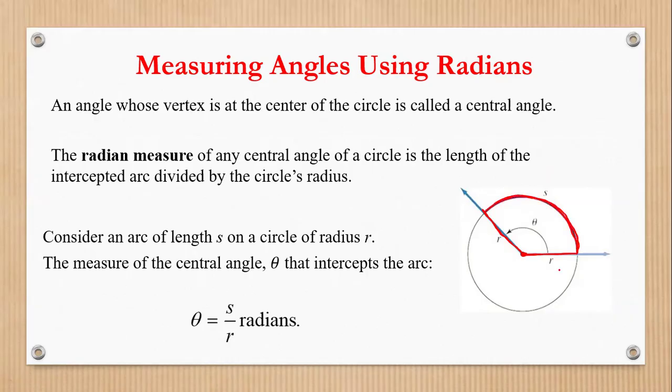Now, to find the radian measure of this angle, we need to divide the length of the intercepted arc by the radius of the circle. So to find the radian measure, we need the length of the arc divided by the radius of the circle.